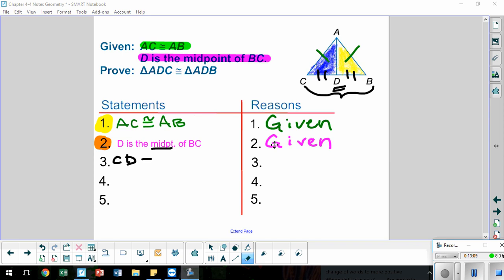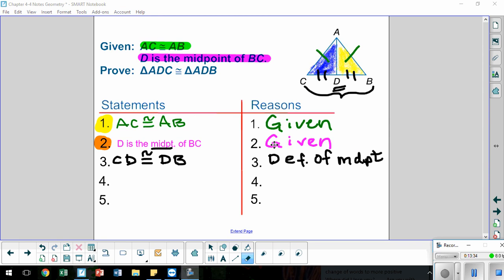CB is congruent to CB. What's the reasoning? You just got a vocab word. If that vocab word is used in line 2, and it's giving you line 3, then you've got definition of midpoint.